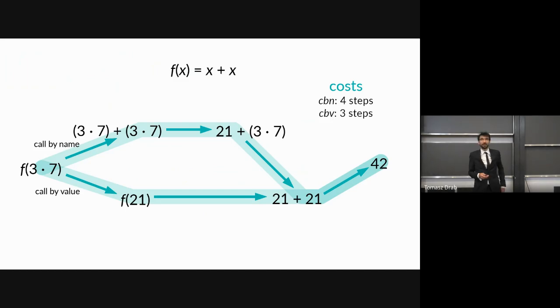And now, if we prefer to define functions themselves instead of defining their values, we can use another notation. We can define f as a function that takes x and returns x plus x.